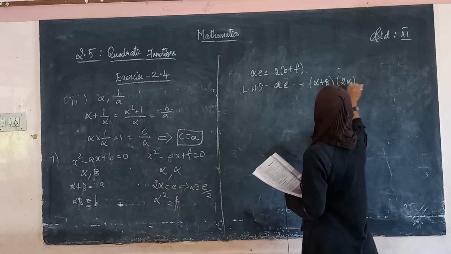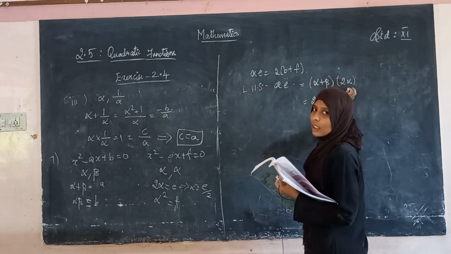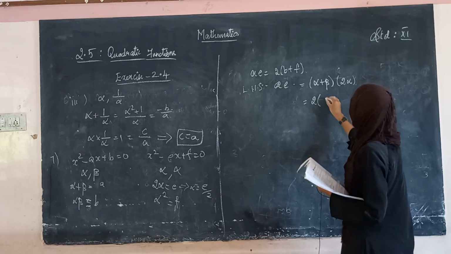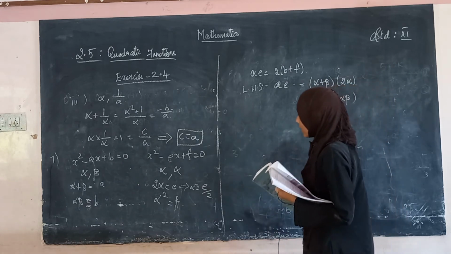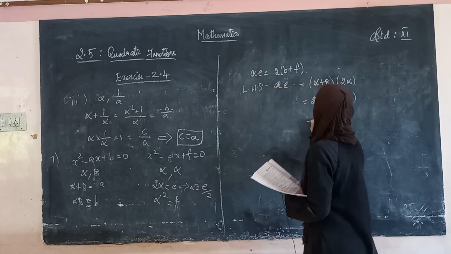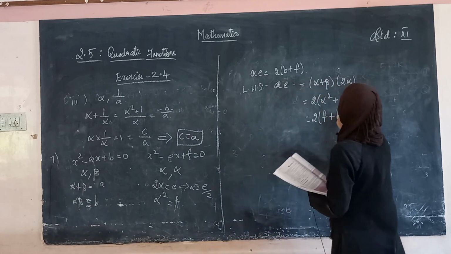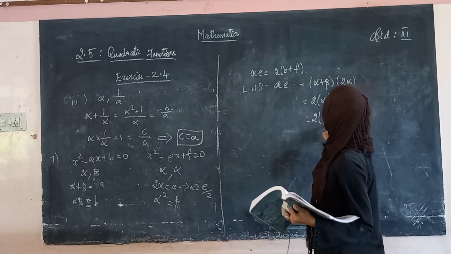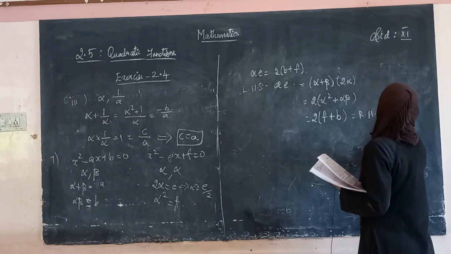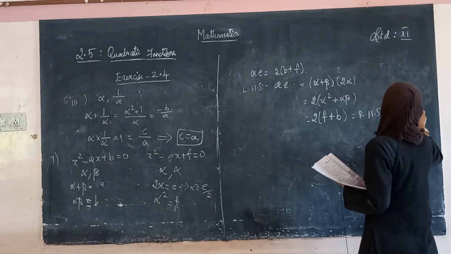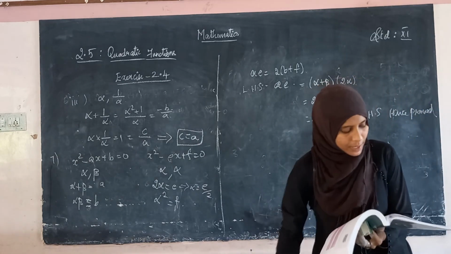Take this 2 outside and multiply alpha with every term: alpha square plus alpha beta. What is alpha square? Alpha square is f. And what is alpha beta? It is b. So this is 2 into f plus b, which is equal to the RHS. Hence proved. With this we are completing the seventh sum.